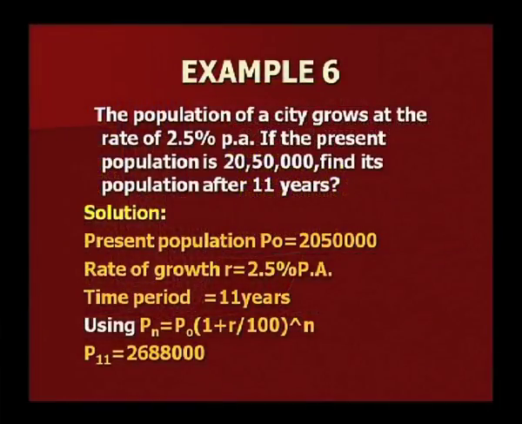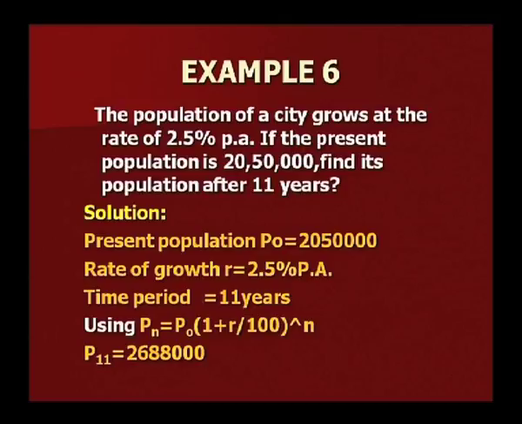Example 6. The population of a city grows at the rate of 2.5% per annum. If the present population is 2050,000, find its population after 11 years. Solution. Present population P naught is equal to 2050,000. Rate of growth R is equal to 2.5% per annum. Time period is equal to 11 years.